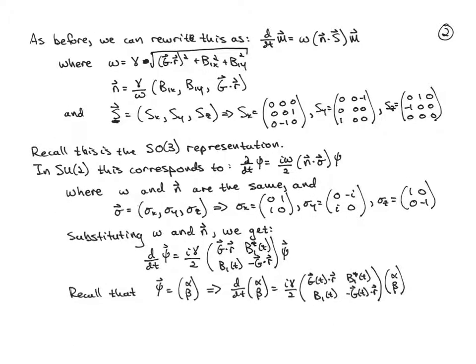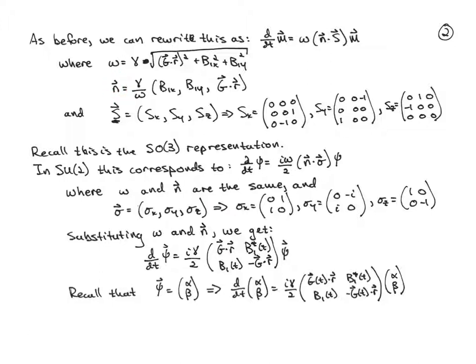And as before, when we were talking about SLR pulses, we can rewrite this Bloch equation as the incremental change in magnetization is equal to the rate of rotation omega times a normalized vector n about which we are rotating times the rotation matrices S times the current state m, where again omega is the rate at which we are rotating, and it is the norm, the Euclidean length, of the instantaneous total magnetic field.